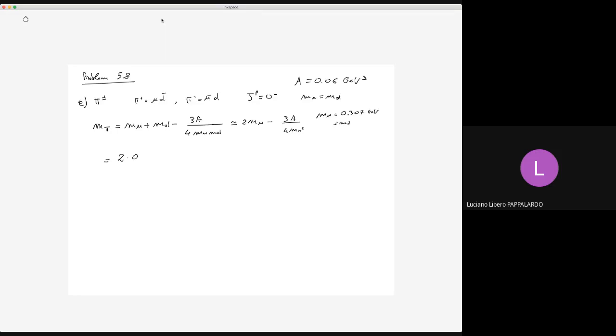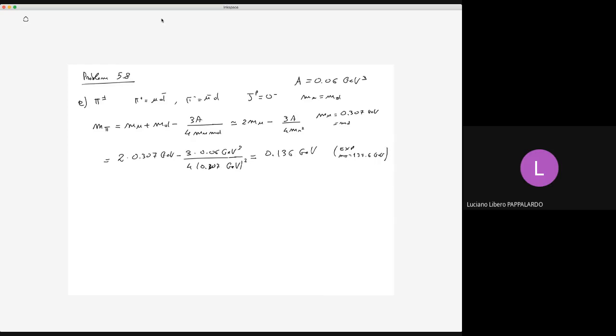So it is twice 0.307 GeV minus 3 times 0.06 GeV to the cube divided by 4 times the constituent mass of the U quark. And so at the end, it is 0.136 GeV, to be compared with the experimental value, that is 139.6 MeV. So a rather good agreement.